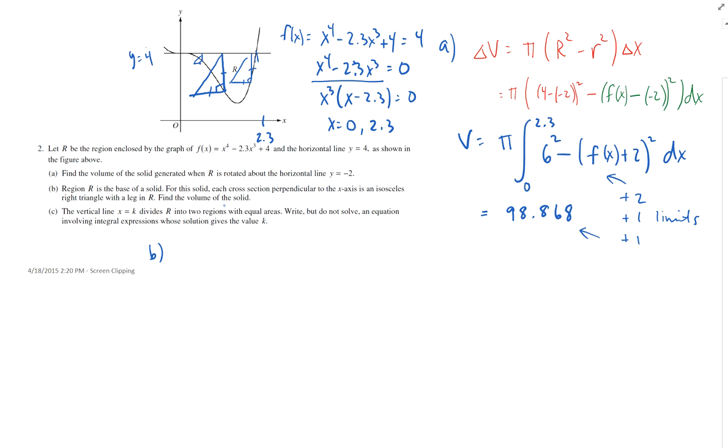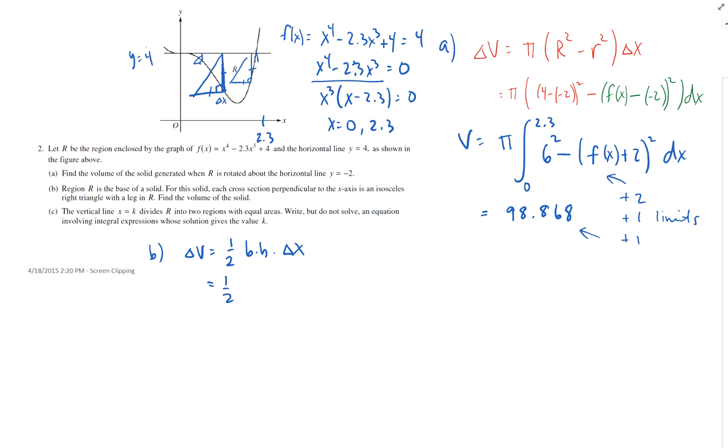For each solid, find the volume of the solid. Let's look at just one of those triangles. The volume is the area of the triangle times the thickness, delta x. A triangle is 1/2 the base times the height. So it's 1/2 the base.